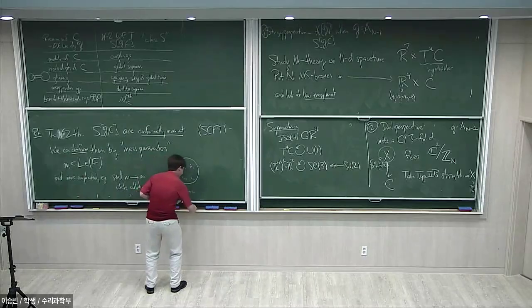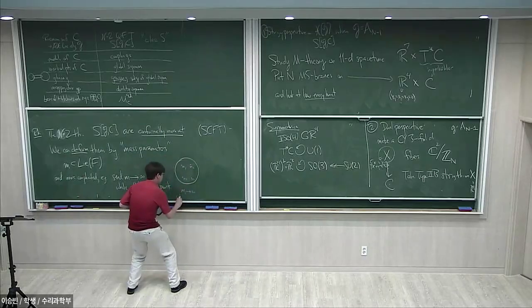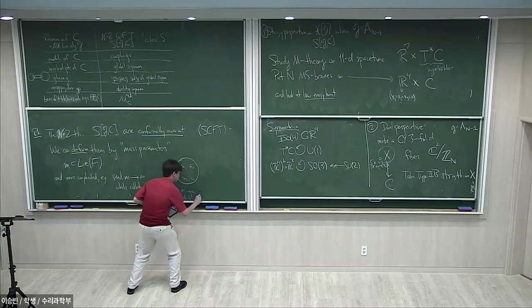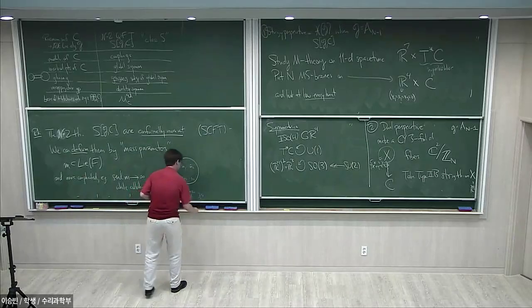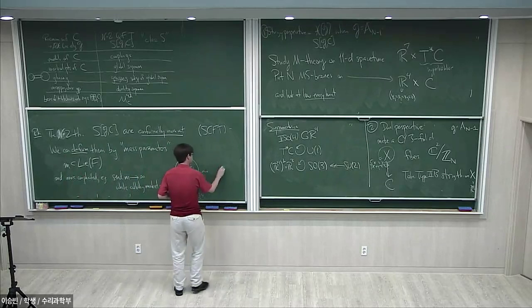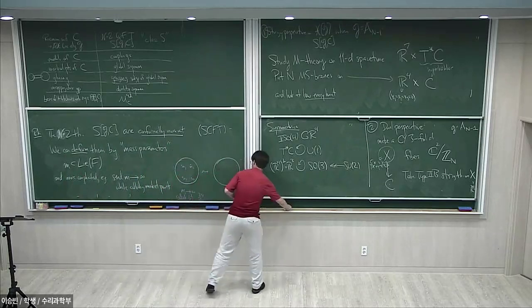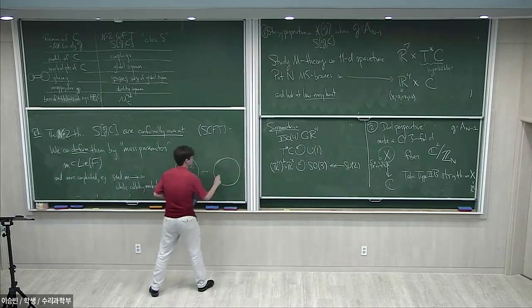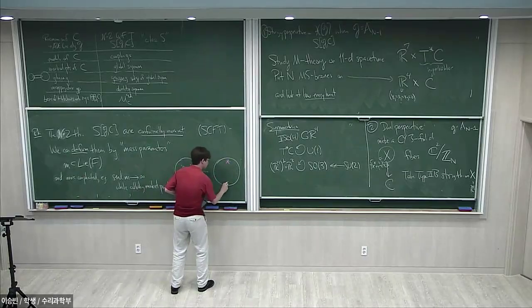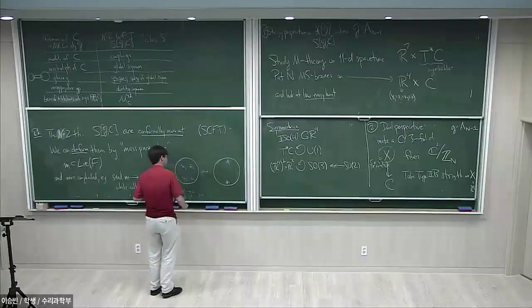I take all the masses to infinity, and at the same time, I collide points 1 and 2 and points 3 and 4. Then I can produce a theory with 2 punctures of a more complicated nature.